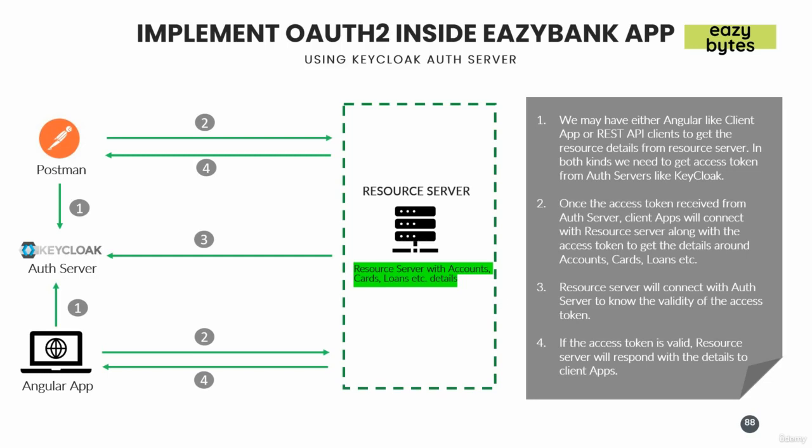Here, though I said it is a Postman app, it can be any scenario where one API is trying to interact with another API. Like inside a microservices network, one microservice may be trying to interact with another microservice. So there will be no user involved.